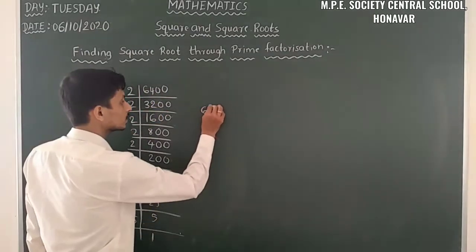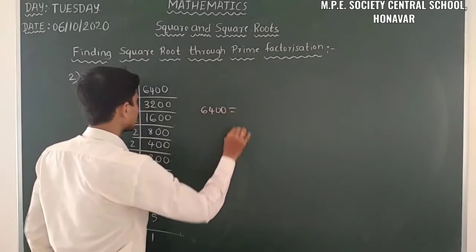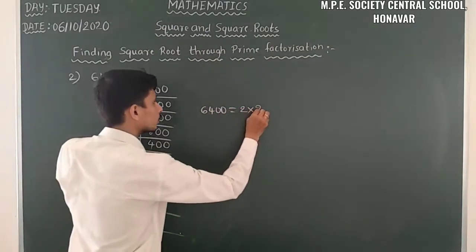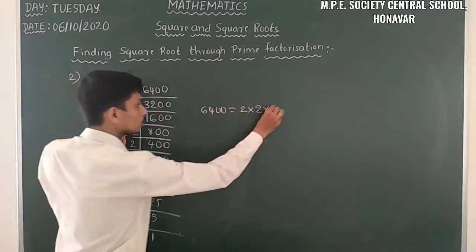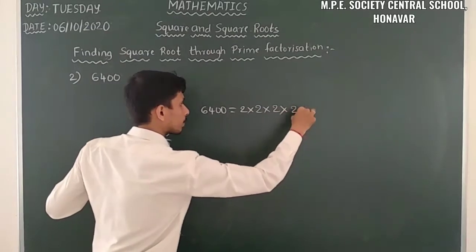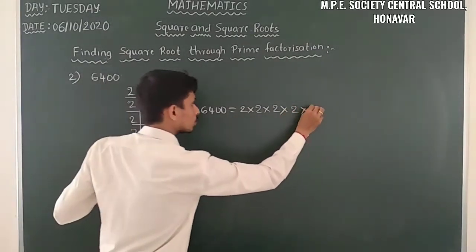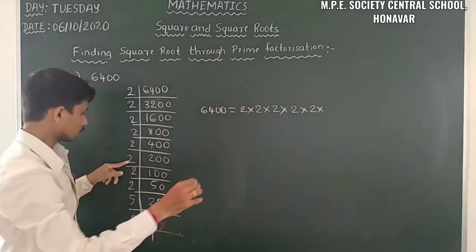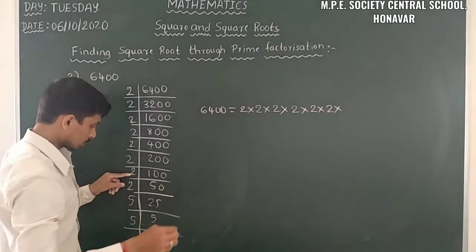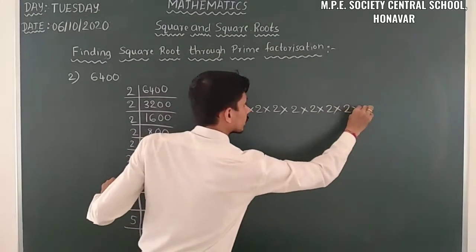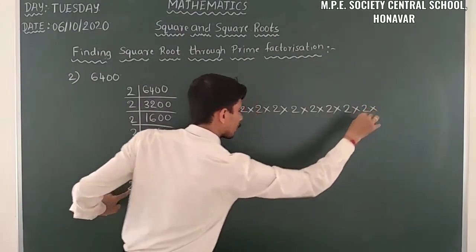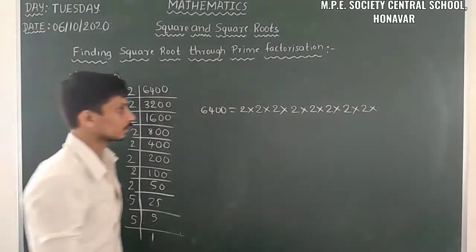That is, 6400 is equal to 2 into 2 into 2 into 2 into 2. Yes, here 2 is there, 2 is there, 2, then 2, then here also 2, then finally 5 into 5.